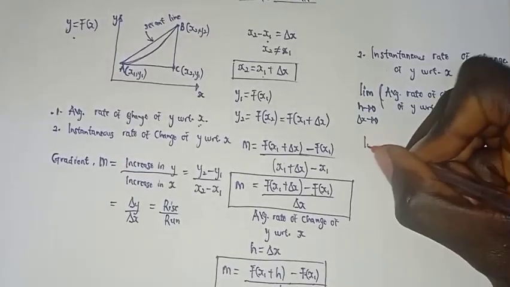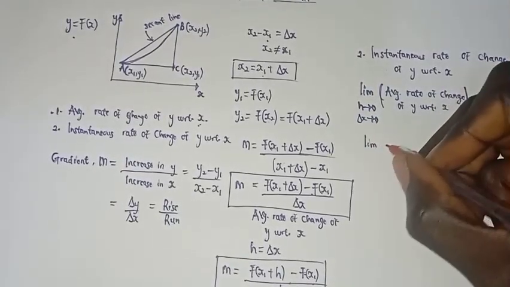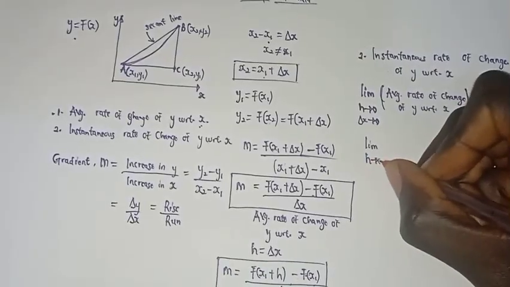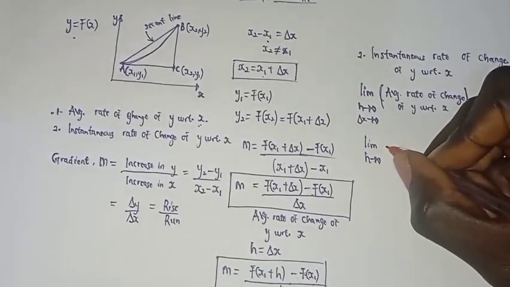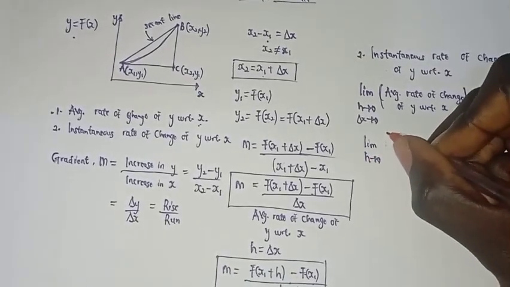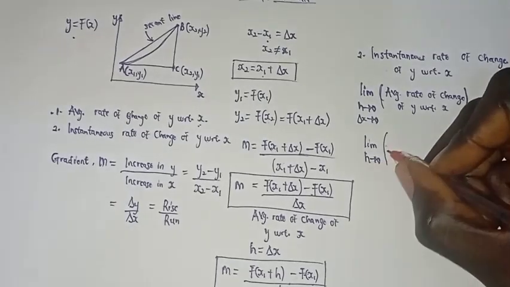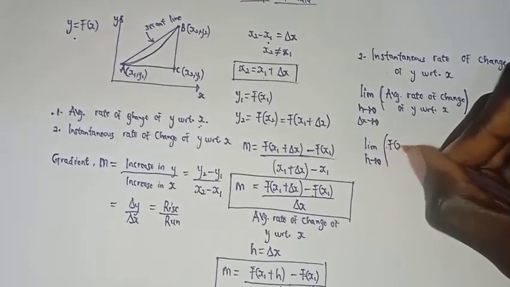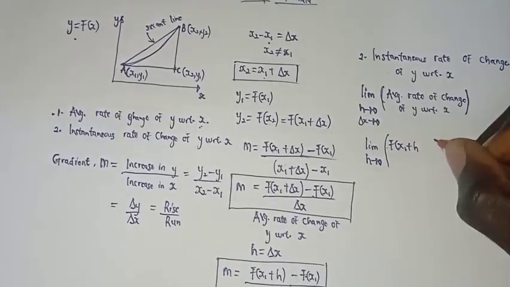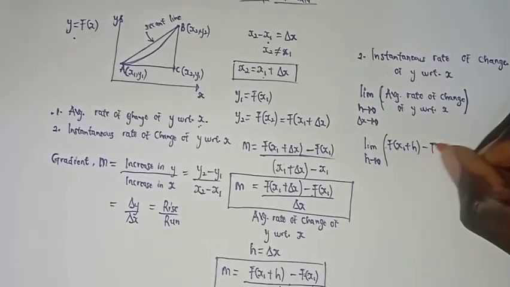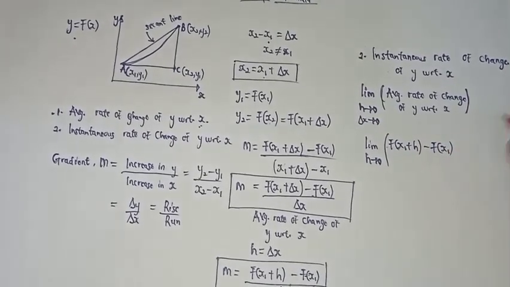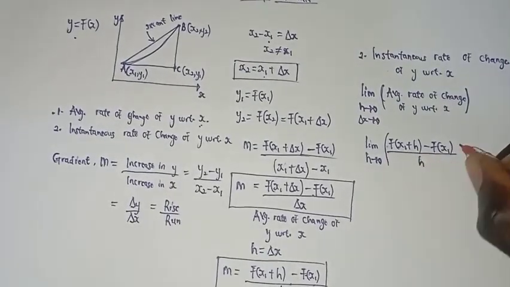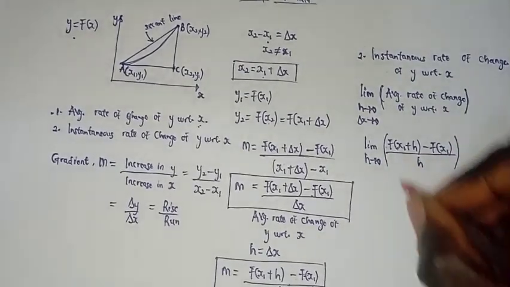We then have the limit as h approaches 0 of f of x1 plus h minus f of x1, all over h.